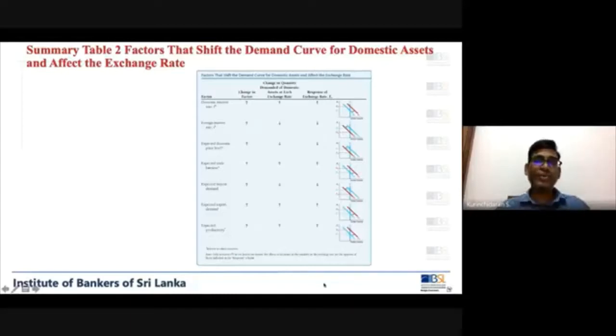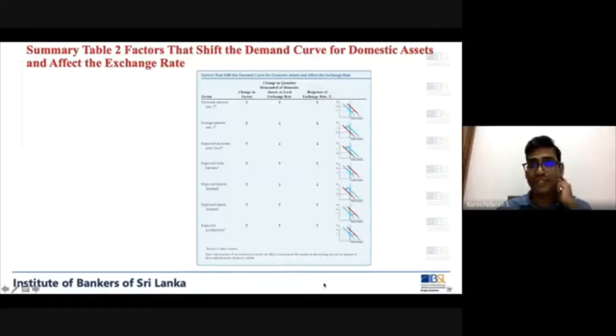So here I have given 7 factors, and what will happen to the demand for domestic assets due to the changes in these factors, and how that affects the exchange rate. If you are very clear, now you know, in a short-term scenario, how the exchange rate changes.